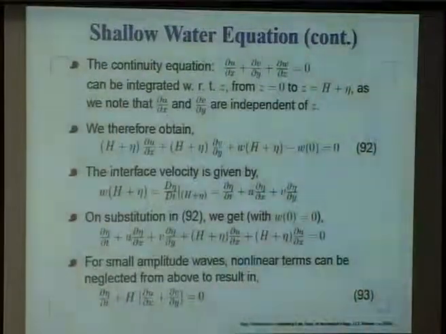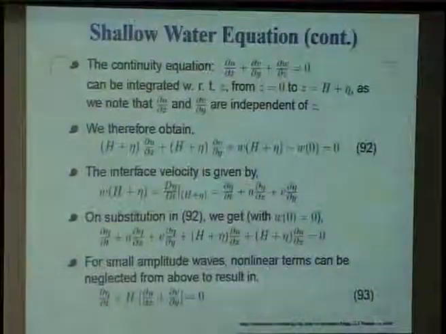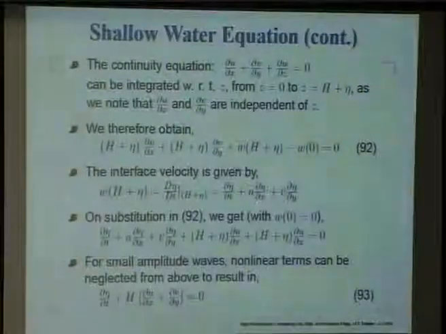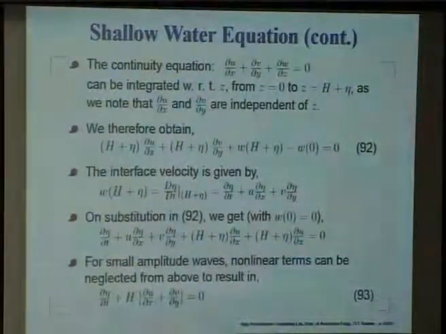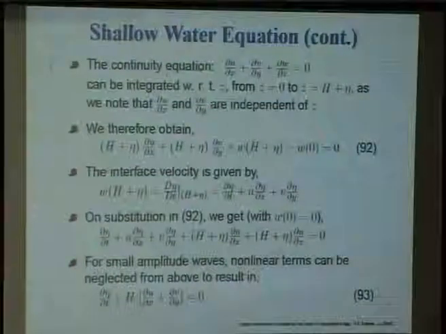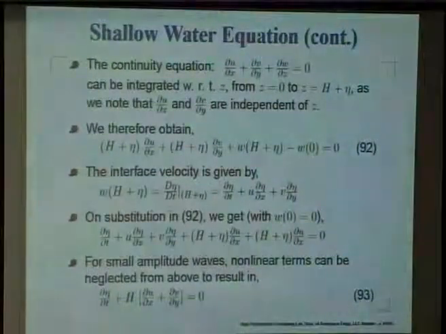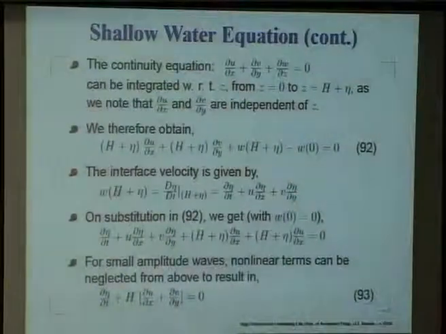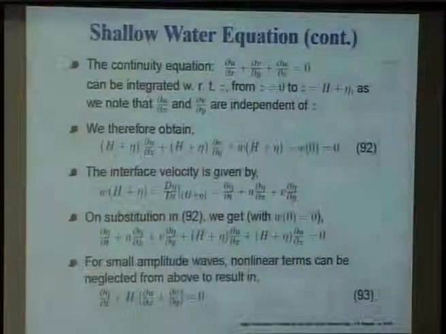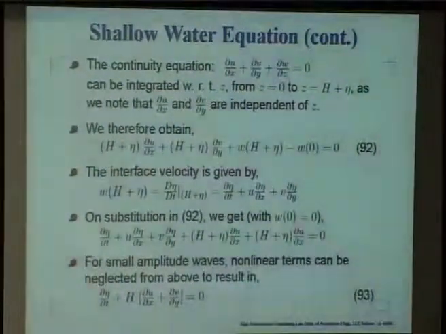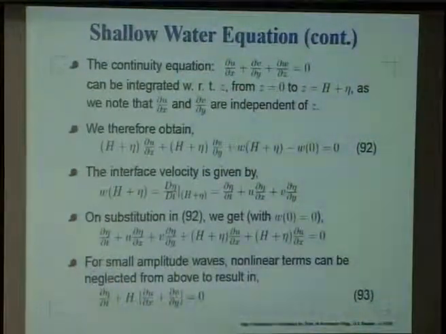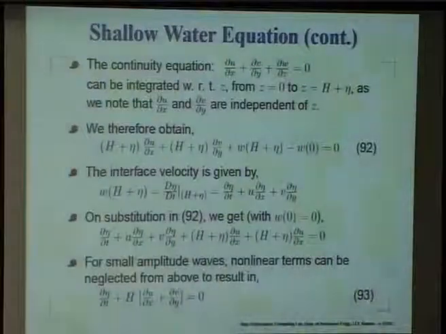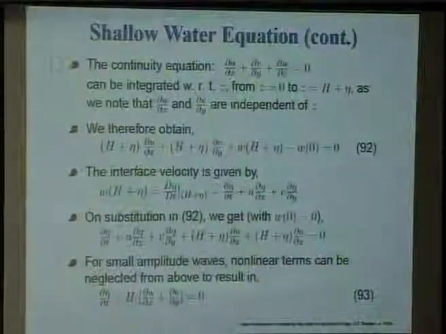Okay. And that we can do because we have made that assumption that the pressure gradient does not create a variation of u and v terms. So, this del u del x and del v del y are independent of z, and so we can integrate that equation on top, and we get this equation.